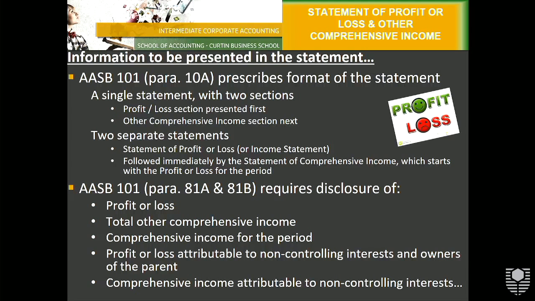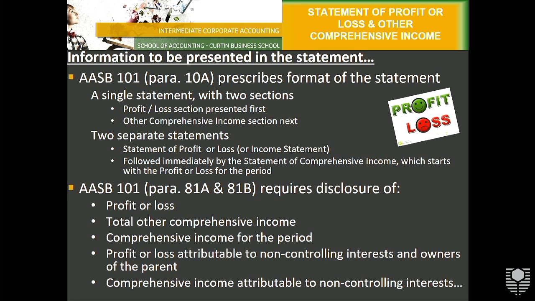All right, so your profit and loss and your other comprehensive income. Your P&L is pretty basic, revenue minus your expenses, but then there are potentially some elements of other comprehensive income. We haven't done a lot in this unit in terms of other comprehensive income, but things like foreign exchange gains and losses in relation to asset revaluation reserves, things which are a little bit outside your normal business operating activities, will go into your other comprehensive income.